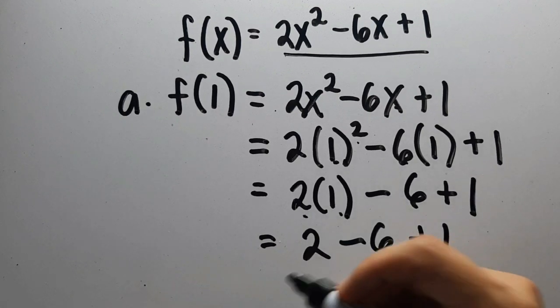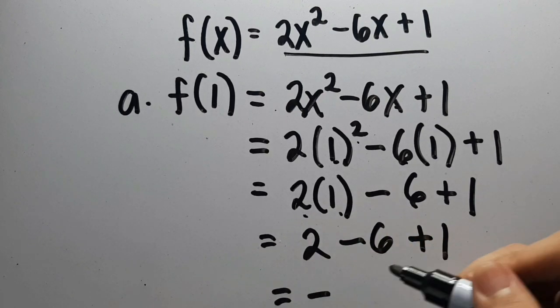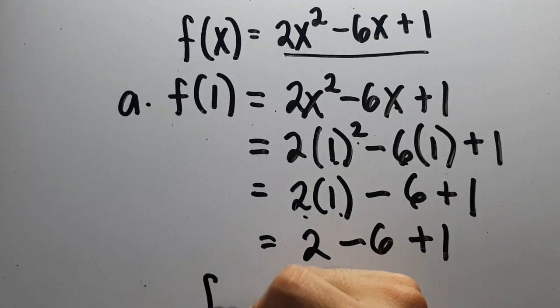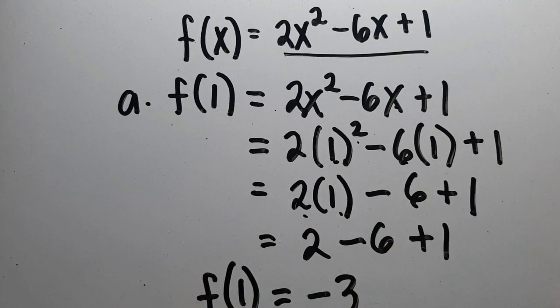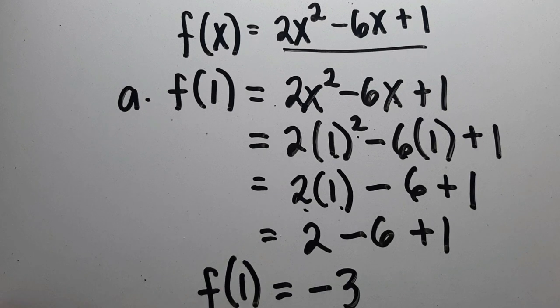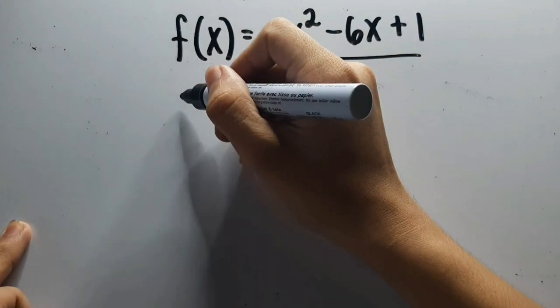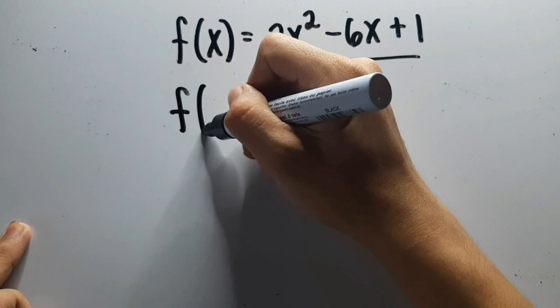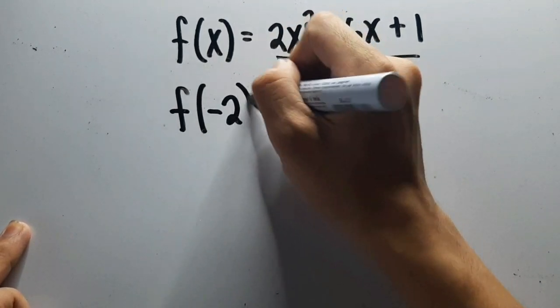Plus 1 will become negative 3. So, we have f of 1 is equal to negative 3. Ibig sabihin, ang y natin ay equal siya kay negative 3. How about if the given value is f of negative 2.